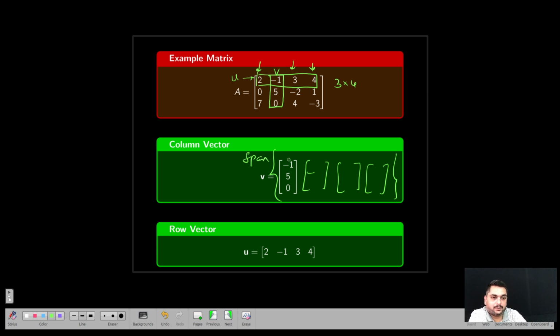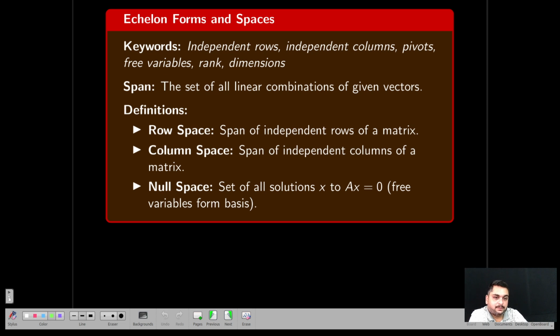Similarly for your row vectors. Now what is row span? We will understand in depth next, but just have some imagination of what it means: the span of independent rows of a matrix. From the given matrix, we apply the echelon form, that is, convert the matrix into echelon form.